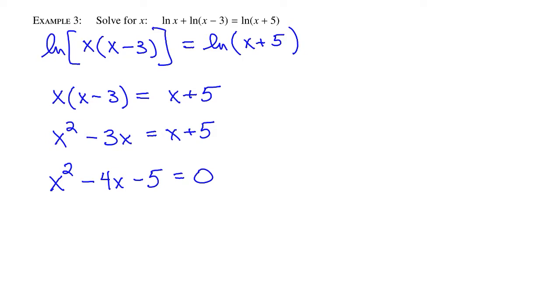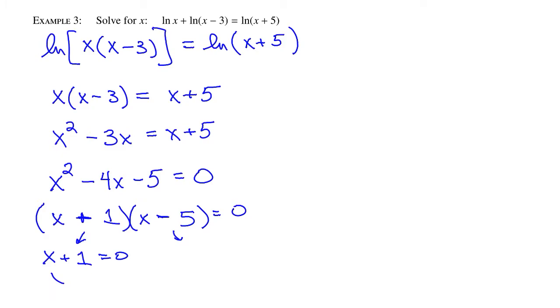This factors as x and x, 1 and 5, where the 5 has to be negative and the 1 has to be positive. To solve, set each factor equal to 0 and solve. We get x is equal to negative 1 and x is equal to 5.